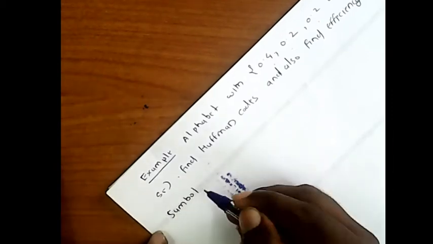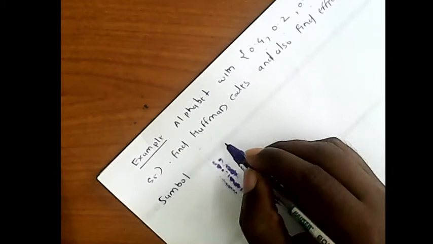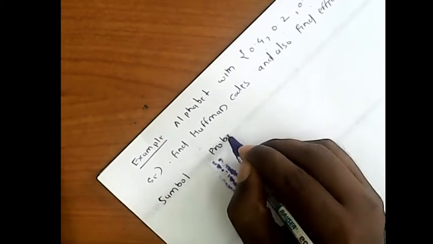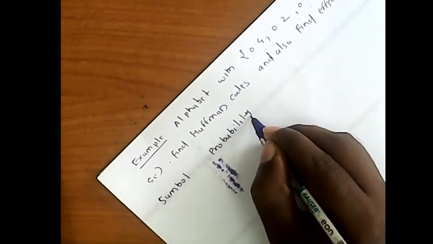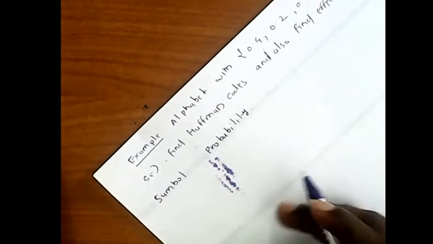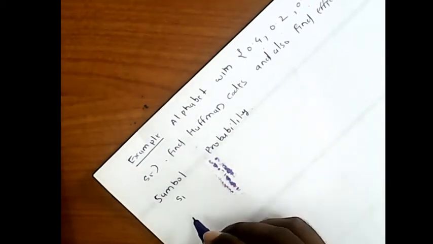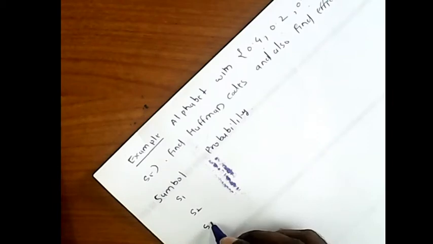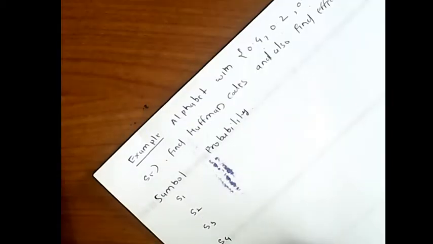We write down the symbols and then their probabilities. So symbols S1, S2, S3, S4, S5.